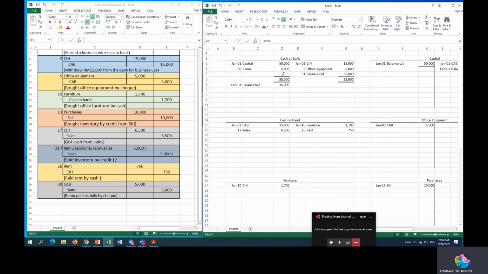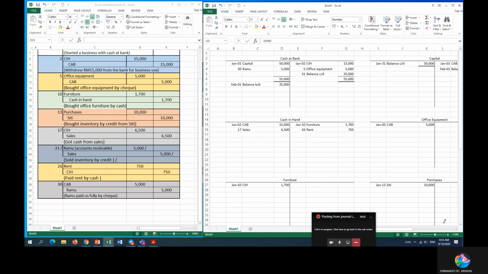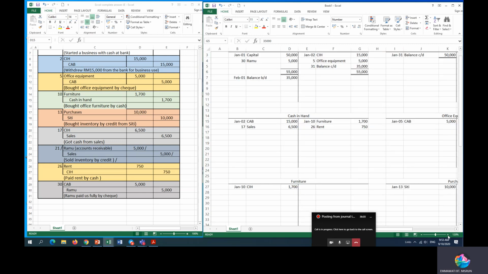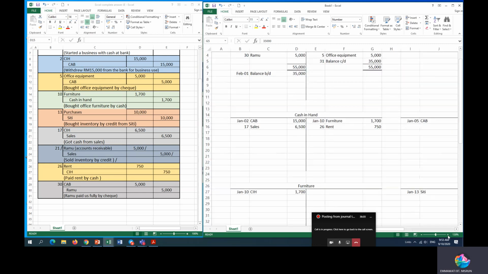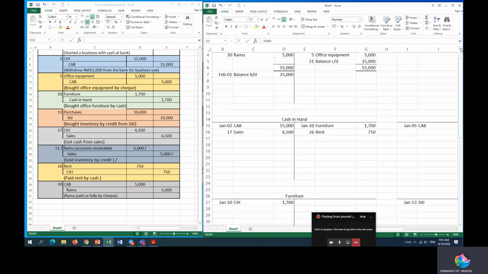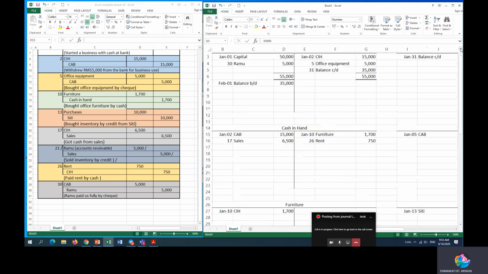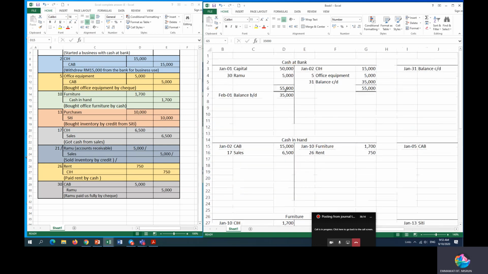Right, so you have a double line under 55,000 and only one line above 55,000. So that would be the right format of closing your accounts.